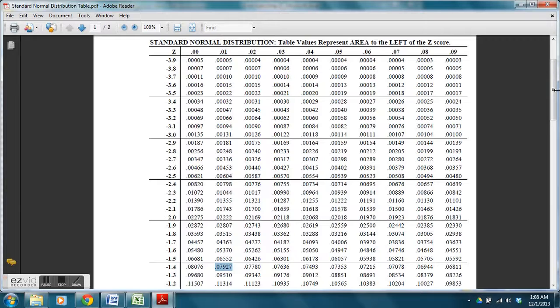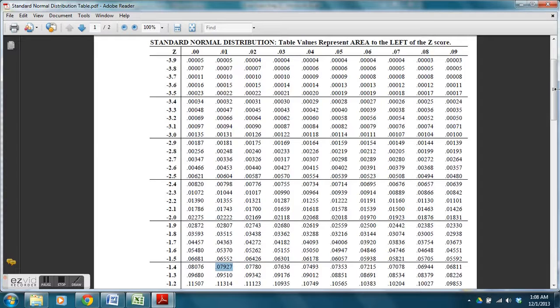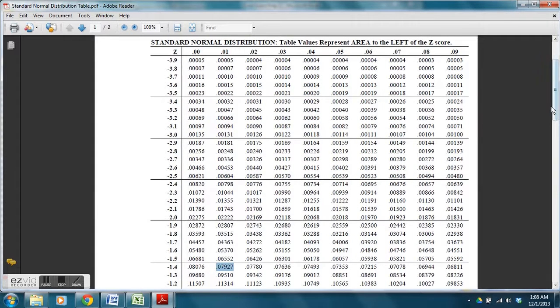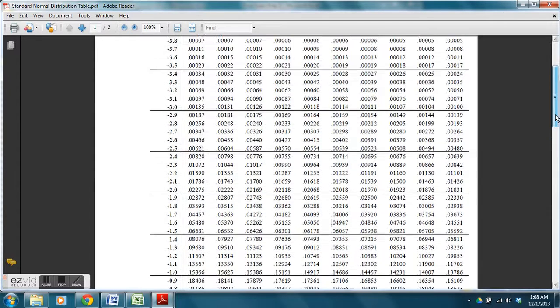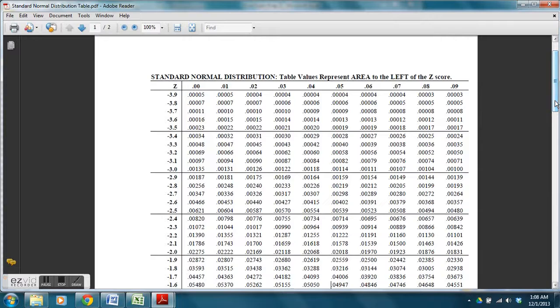So we want to look up 0.05 in the z distribution. It's in between these two right here. So I like to say that z is just negative 1.645, right in between these two numbers.